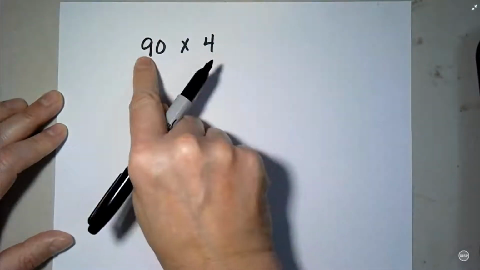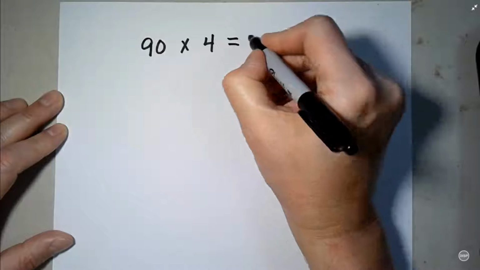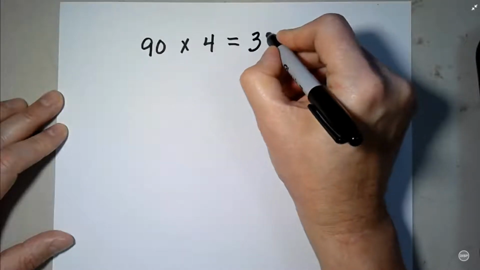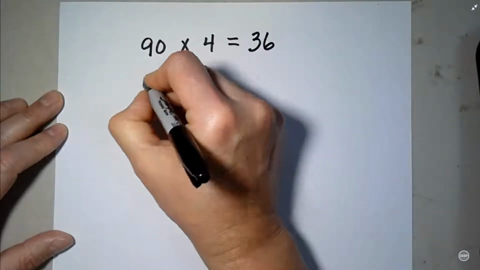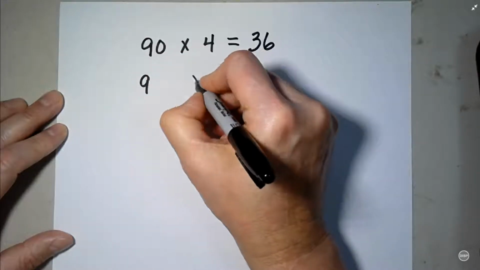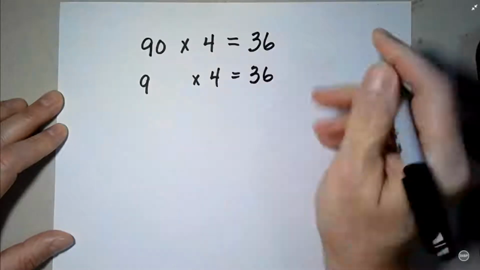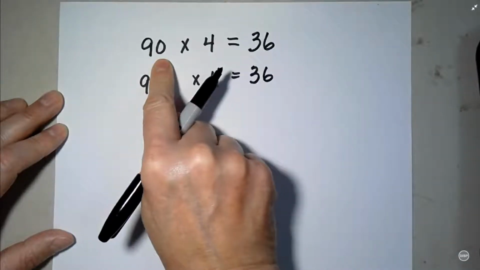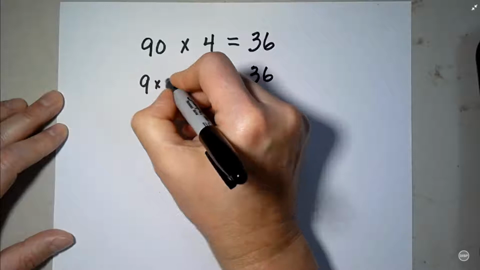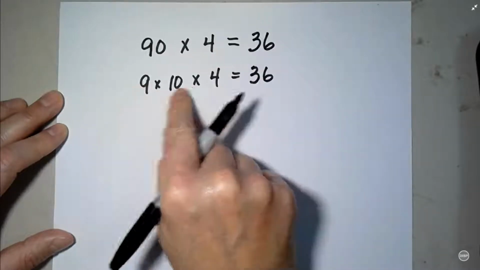And so we know that 9 times 4 is equal to 36. But 90, which is 9 times 10, right?